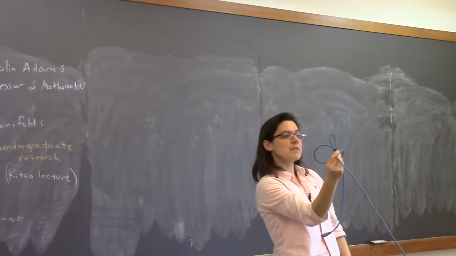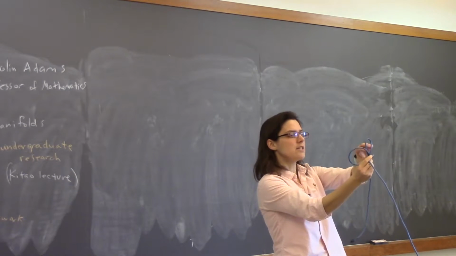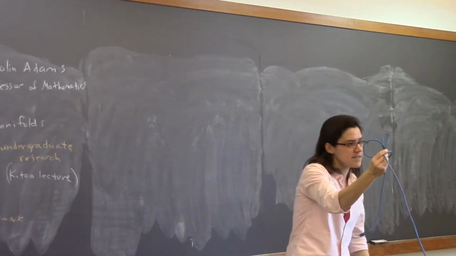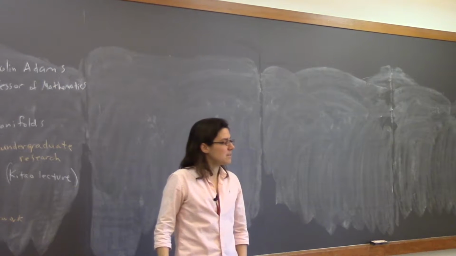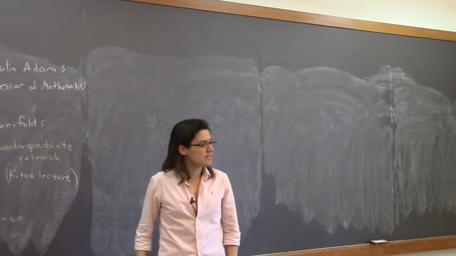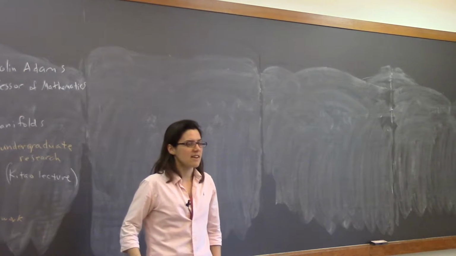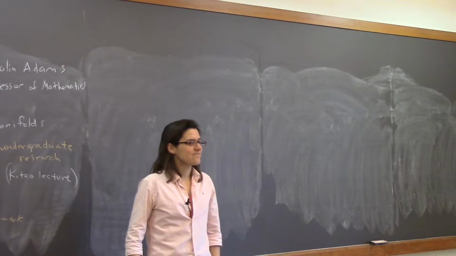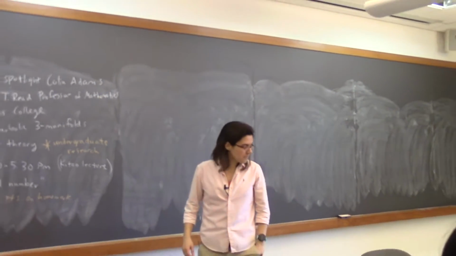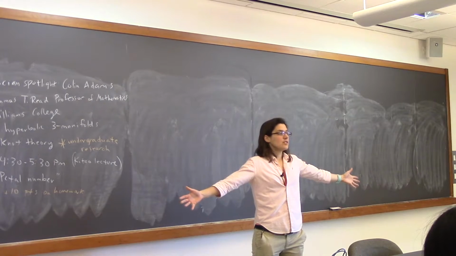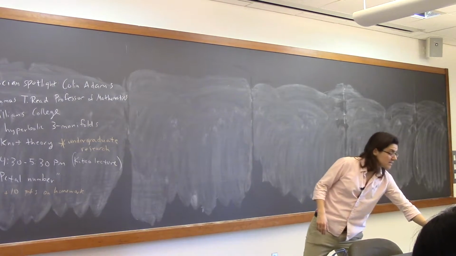So the petal number is what happens when you push all the crossings to the middle. You see how many petals you get, and that's something that they came up with. He's going to be talking about that tomorrow. That was something that a bunch of undergraduates came up with to advance human knowledge in the area of knot theory. Pretty neat, huh? Okay. Good. See you tomorrow at 4:30.